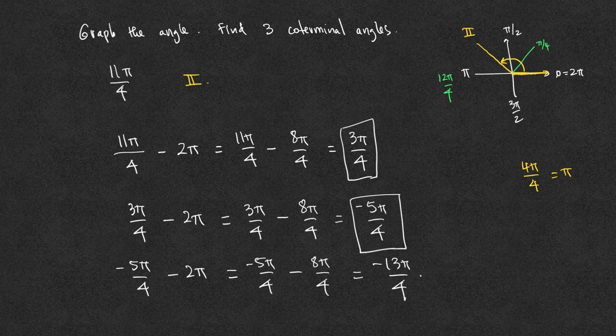And again, this is a negative angle, so we would go clockwise. Negative 4 pi over 4, negative 8 pi over 4, negative 12 pi over 4, another negative pi over 4, which gives us negative 13 pi over 4. These 3 angles have the same terminal side.